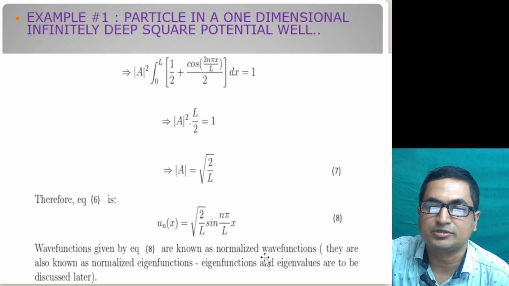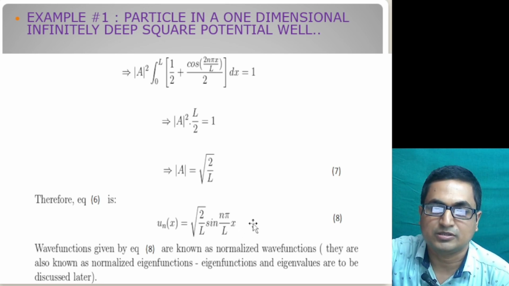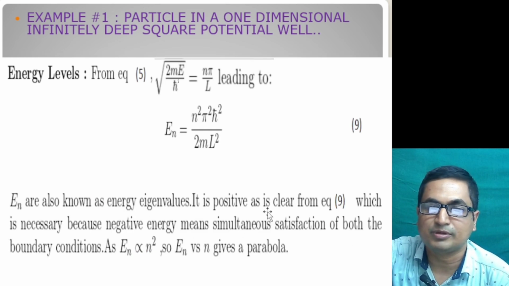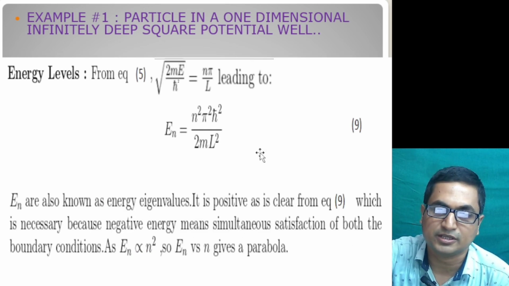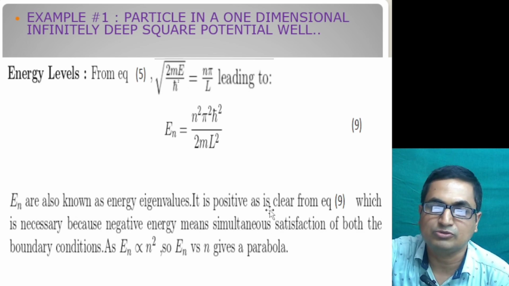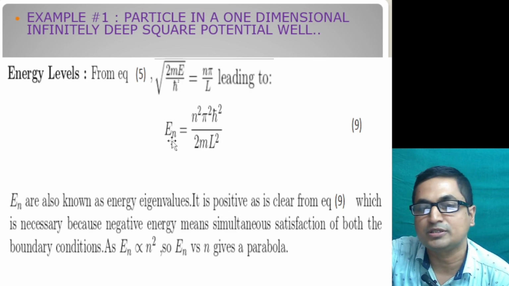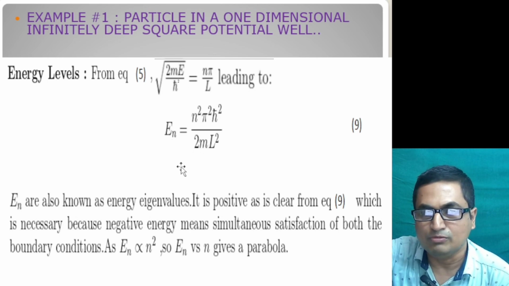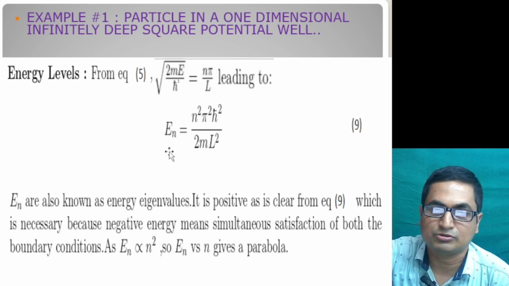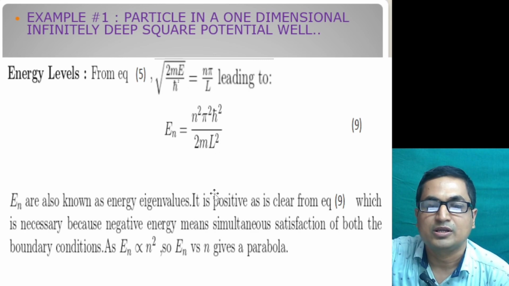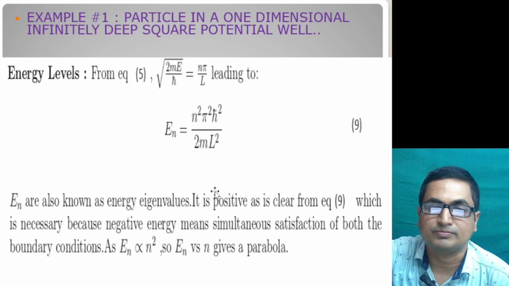So equation 8 gives us the eigenfunctions, the normalized wave functions, and equation 9 gives us the energy eigenvalues. Since E_n is proportional to n², it represents a parabolic equation. If you represent energy on one axis and n on the x-axis, we'll find a parabolic variation, because π, ħ, 2m, L are all constant for the system.